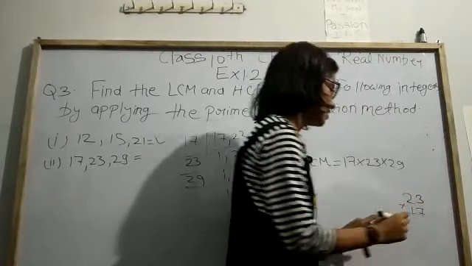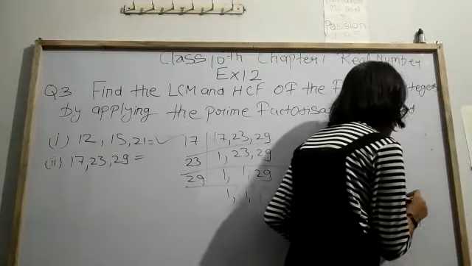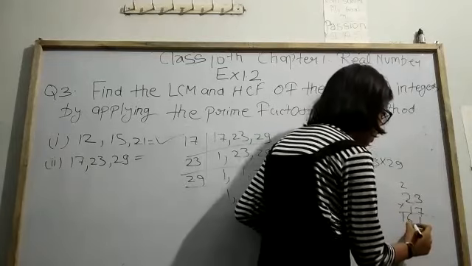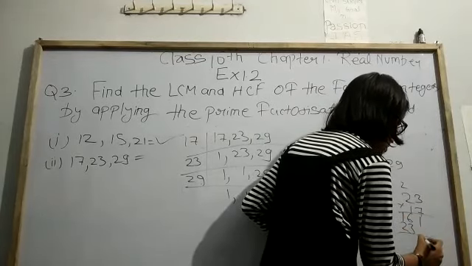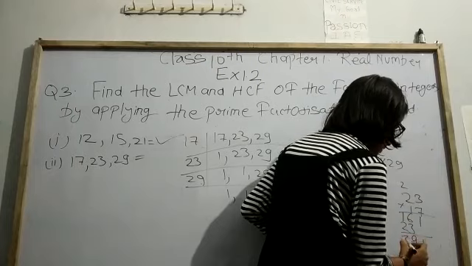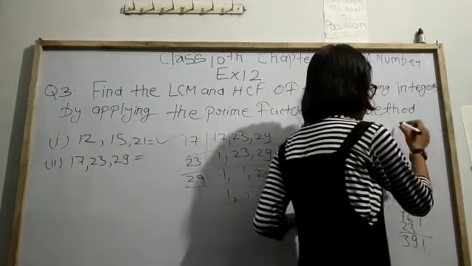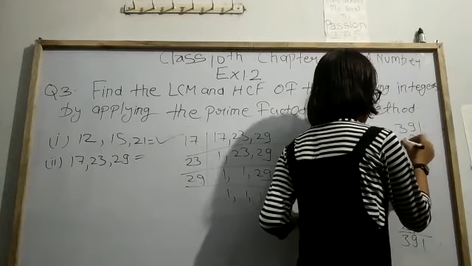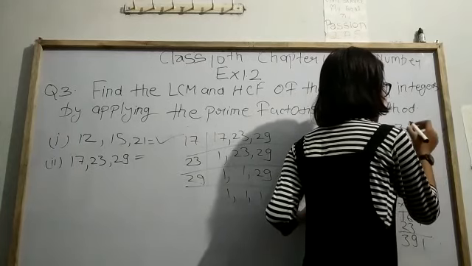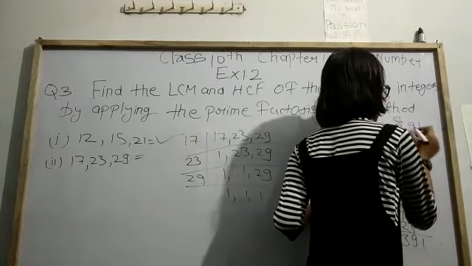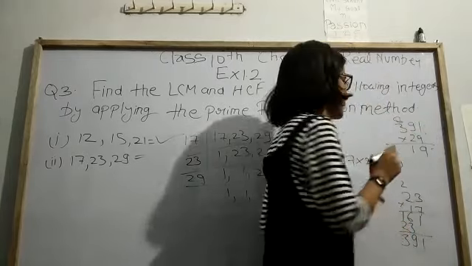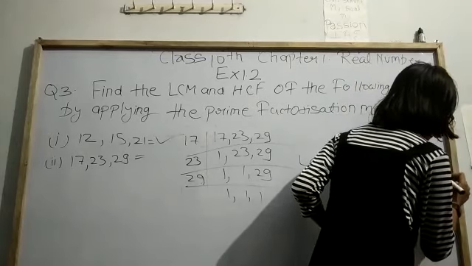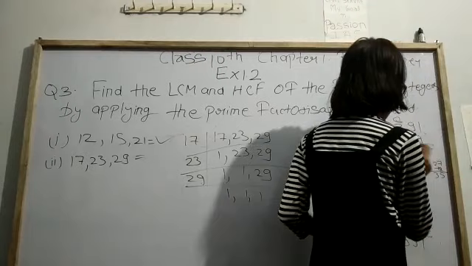So 7 threes are 21, 2 carry, 7 twos are 14, 2 makes 16, 1 into 3 is 3, 1 into 2 is 2. So 1, 6, 3, 9 and 3, that is 391. Now let us multiply 391 into 29. 9 ones are 9, 9 nines are 81, 1 carry 8, 9 threes are 27, 27 plus 8 is 35.